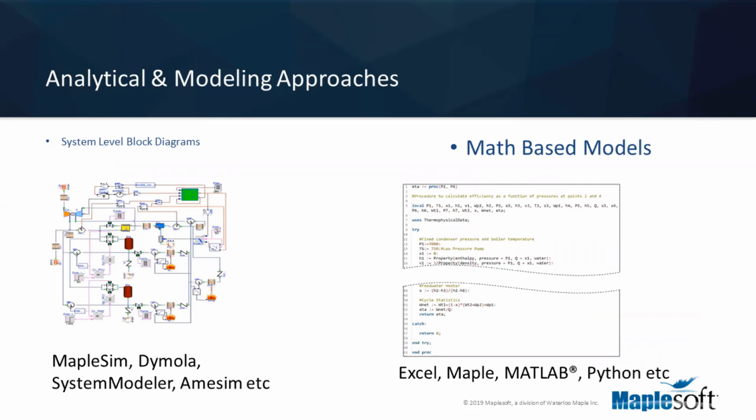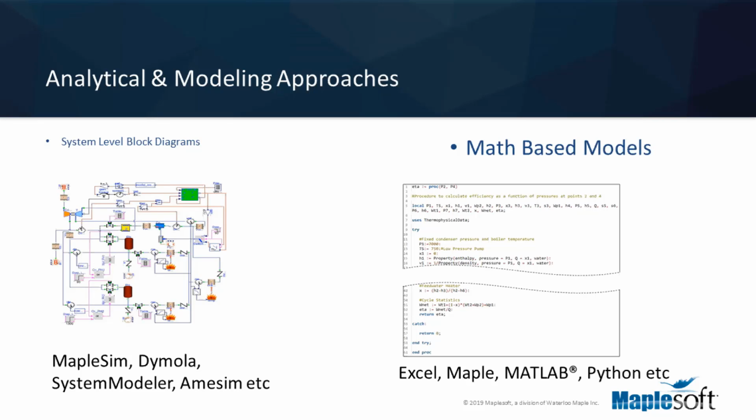So let's take a step back and look at the different approaches used by the software tools that thermal engineers typically use to analyze systems. There are two approaches you can typically take. One approach uses block diagrams for system-level modeling of dynamic systems. Here you drag and drop physical components onto a workspace and connect them together.